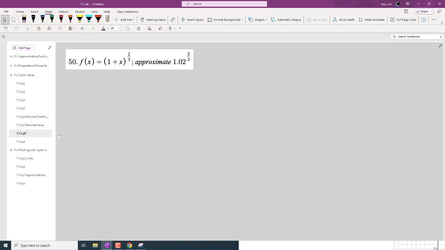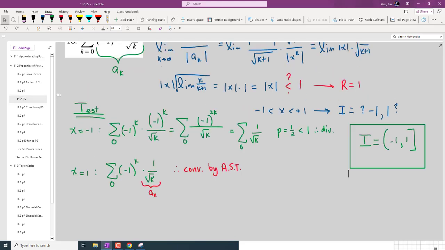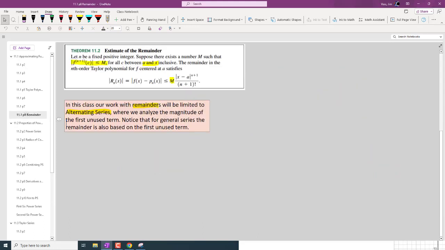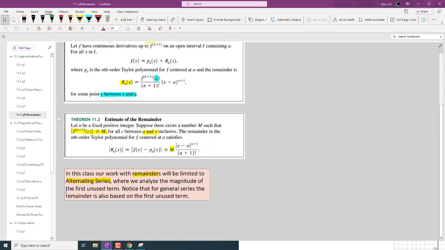So if the computer is using the Taylor polynomial to solve these for us, what value is it comparing it to, to know it's accurate to the number of decimals it's showing us? So when we looked at the remainder thing, which was somewhere back here, here is how it knows. The way that we find the remainder is that there is this value c between x and a that we can't find.